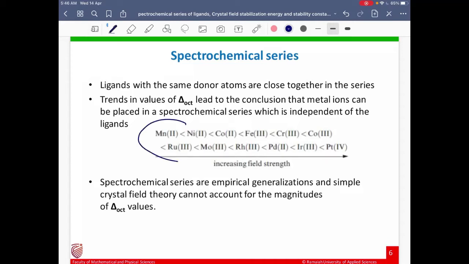So here the metal ions are arranged as a spectrochemical series. Spectrochemical series are empirical generalizations, and simple crystal field theory cannot account for the magnitudes of delta octahedral values.